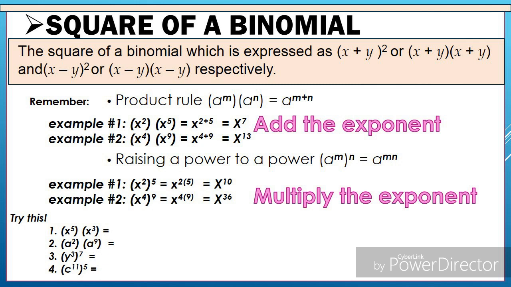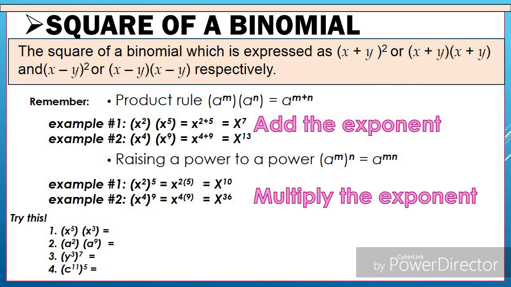Okay, so we multiply their exponent. Then, it is equal to x raised to 10. Number 2, x raised to 4 raised to another power 9, then we have x raised to 4 times 9. It is equal to x raised to 36th power.